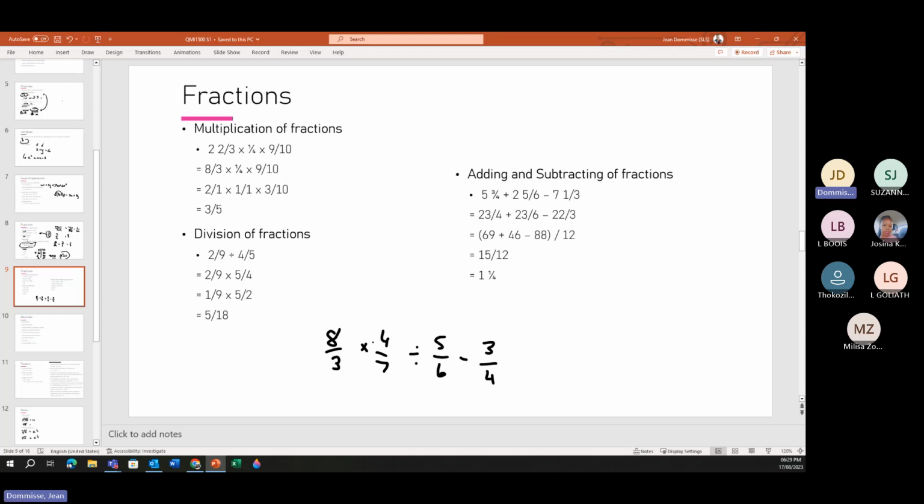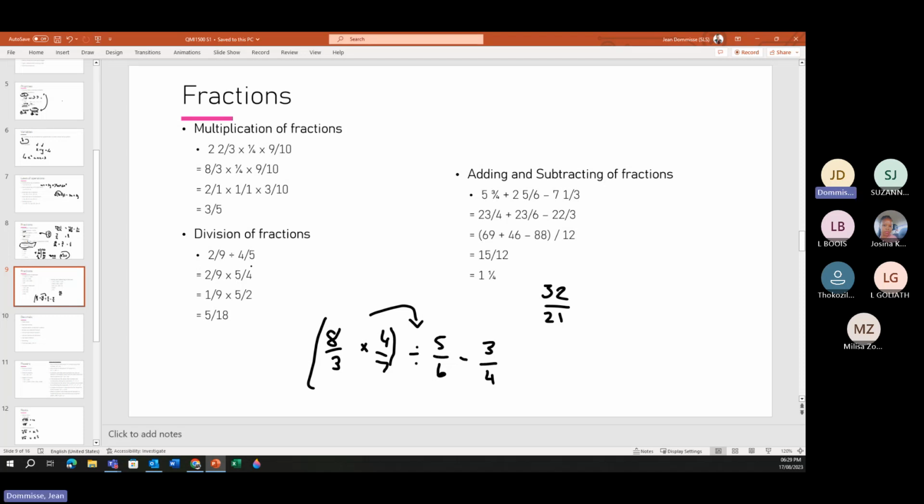But what you do with something like this, we also need to remember the process, the priorities. So we first do multiplication. With this one, it doesn't look like we could have simplified anything. So at the top we multiply, that would have been 32. At the bottom we multiply, so that would be 21. Then the next step is we need to divide by 5/6.